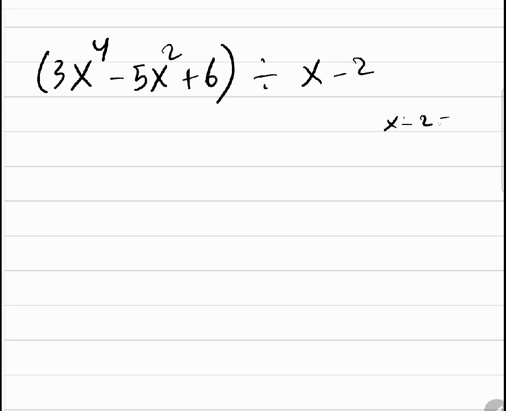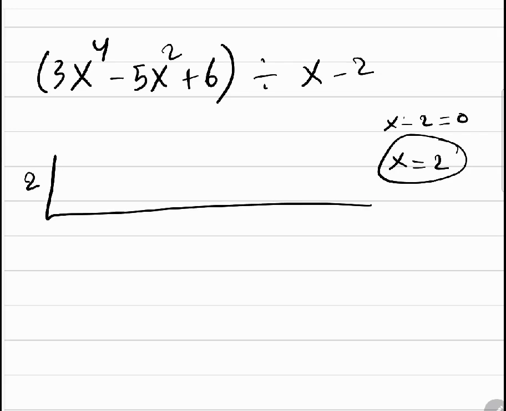So adding 2 to both sides, x is 2. Now keep in mind, don't forget about the 0x cubed and also 0x. So there's two zeros that we have to deal with in this synthetic division problem. So we have 3, 0, negative 5, 0, and 6.